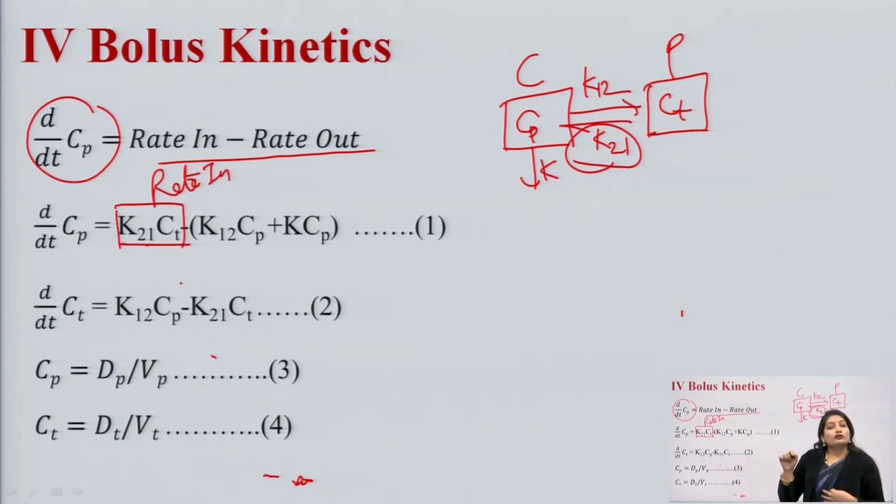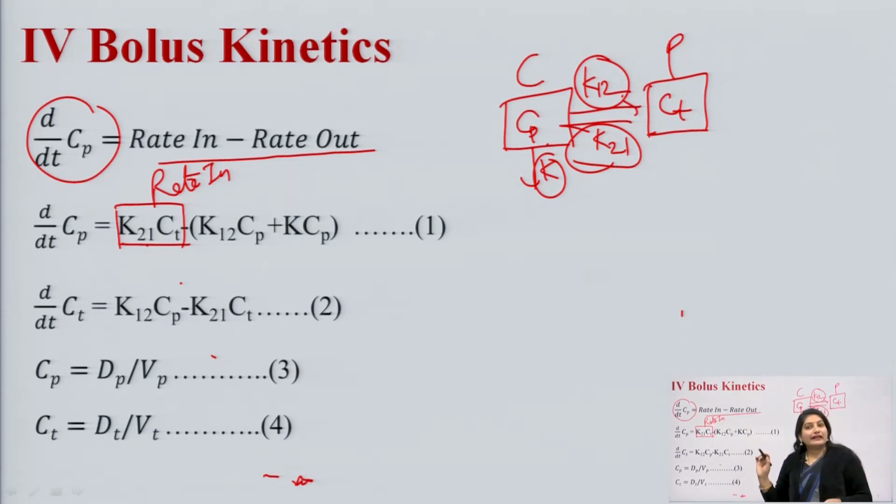Now, if we talk about the rate out. As already represented, the drug from the central compartment is leaving with the help of two constants, one is the K constant and the second one is K12. Okay. So, we can write it K12 Cp plus KCp.